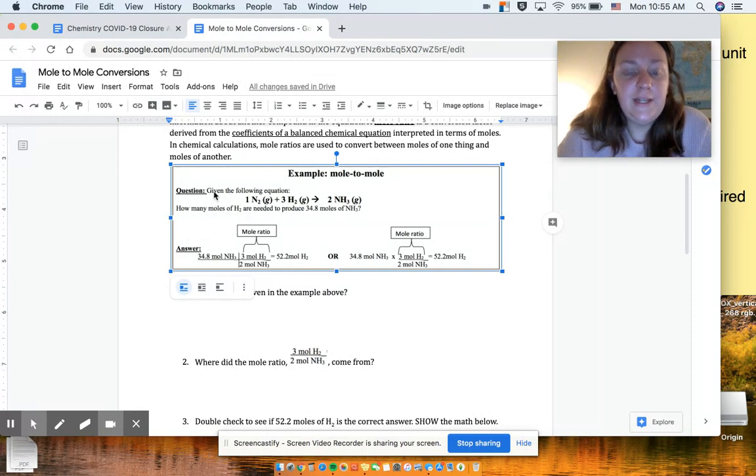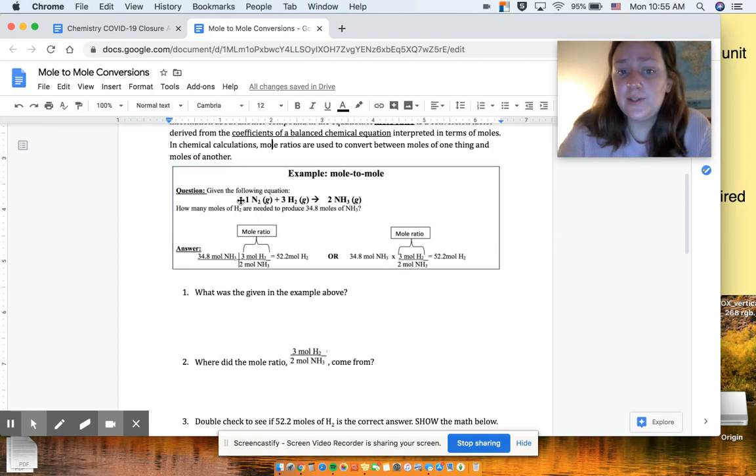The question is, given the following equation, 1 N2 (g) plus 3 H2 (g) yields 2 NH3 (g). We actually know this equation. This is the one to form ammonia gas. We've looked at this quite a few times. It's where we take nitrogen gas and hydrogen gas to form ammonia gas.